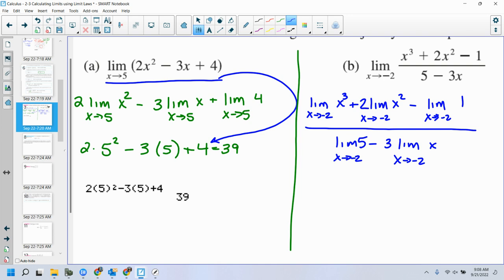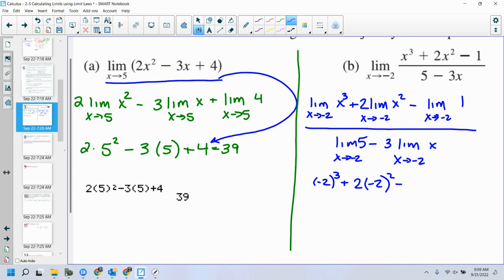Okay, let's run these values here. Well, this is my power rule. The limit as x goes to a of x to the third is just a to the third. So -2 to the third plus 2 times, same rule, -2 squared, minus what? Minus what? 1, not -2.